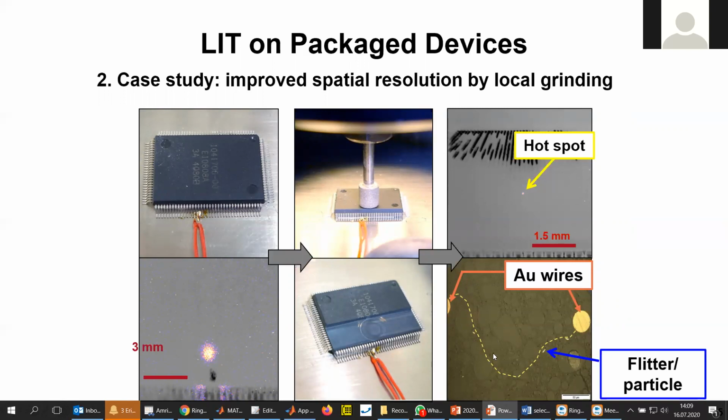And then cross-sectioning revealed that there was a flitter particle shortening these 2 wires. You see in that plane some points of that flitter particle, and that was just placed in here to give you an idea of what this flitter particle must have been looking like.